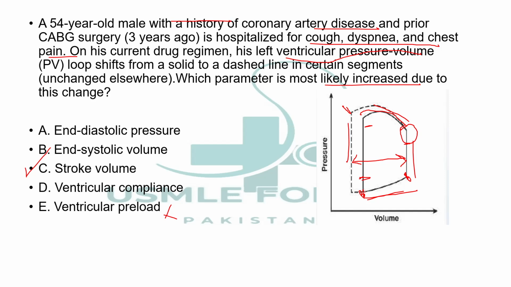This is an example of decreased compliance, which happens in restrictive cardiomyopathy, where a small amount of volume can give rise to big changes in pressure. So if this curve is steeper like this, it has increased, and if it's like this, it has decreased. But it's the same. So there's no change in that. So we'll cross it out.